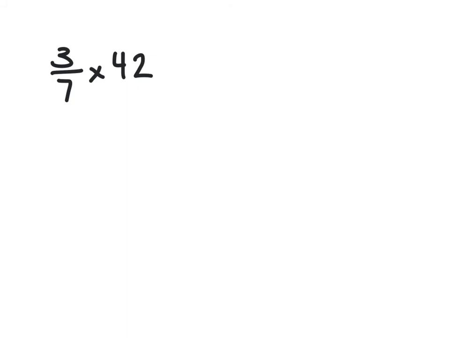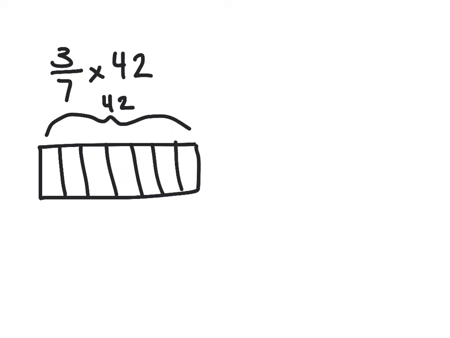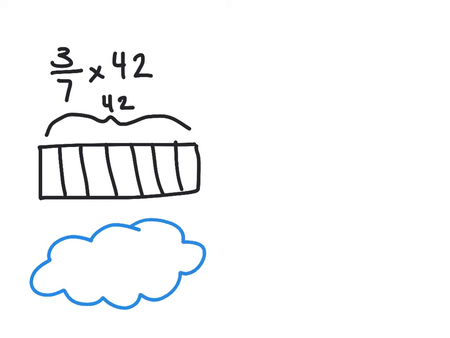So one last time, using just the number or bar model strategy, 3/7 of 42. So one way I could do this is with my bar model. I know that my whole set right here is 42, and I'm dividing it into sevenths. So I need to ask myself how many is going to be in each bar here. So that would be 42 divided by 7.